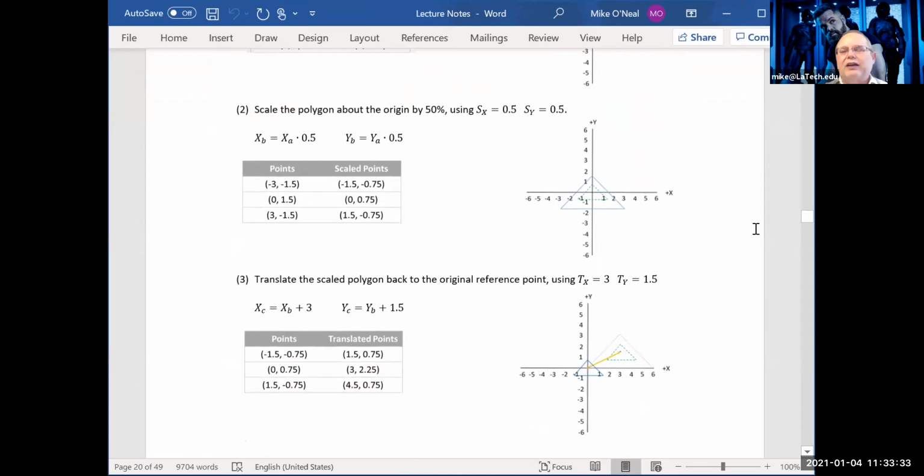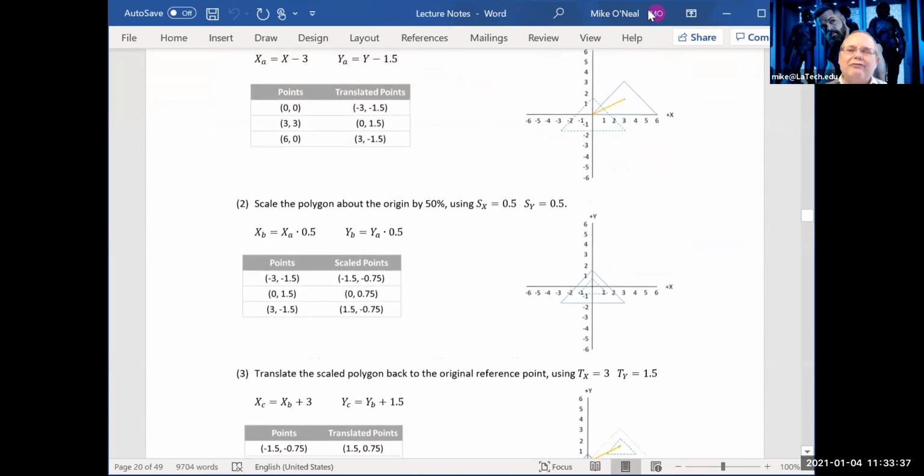So if you're thinking about some sort of an animation, I'll have an object, in this case a single polygon that I've rendered, that I've drawn on the screen, and it's this blue thing here, right? And then if I wanted to do an in-place scale by 0.5, I would do the math to move it and the scale and to move it back, but I don't do any drawing. This was my original one.